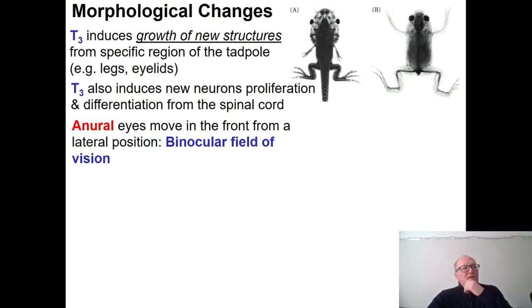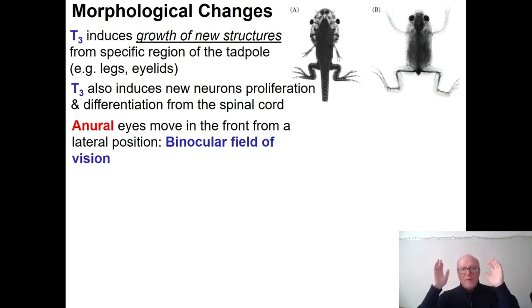Another important event that happens to the tadpole during metamorphosis, and suggests a change in behavior and diet, is that the eyes of the tadpole are in a lateral position, typical of herbivores, because the lateral position of the eyes allows the animal to have almost a 360-degree vision around them, so if predators are coming they can see them.